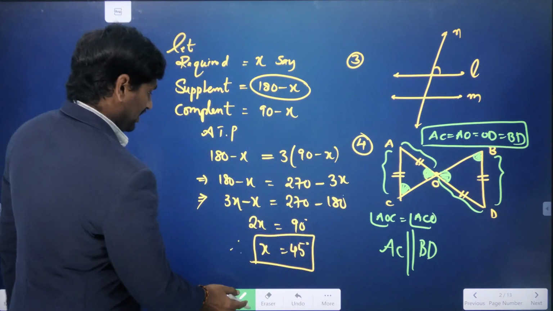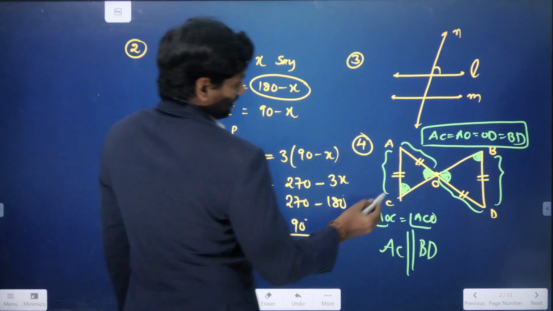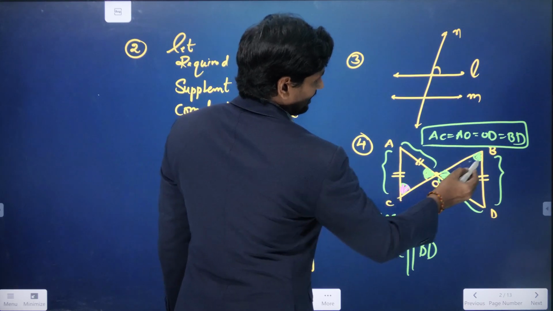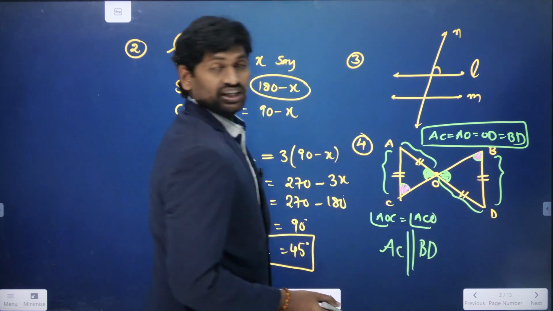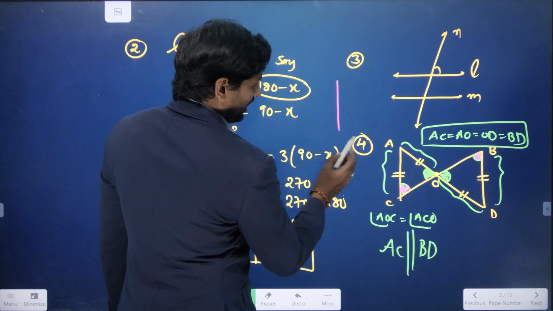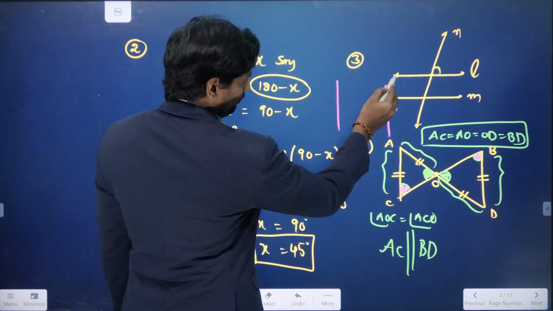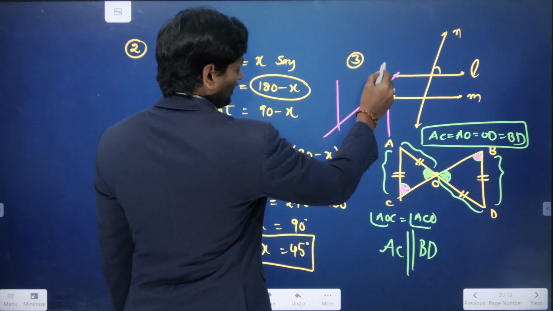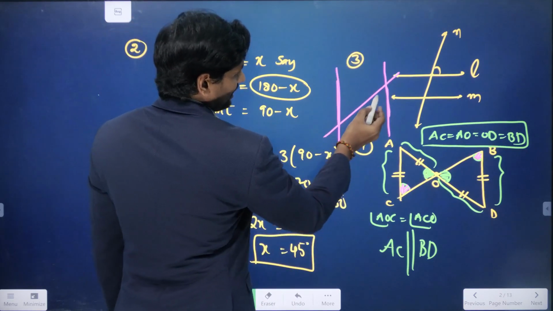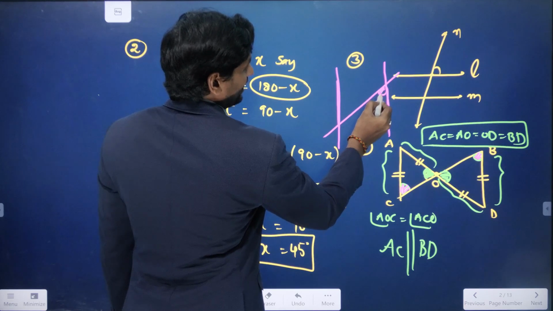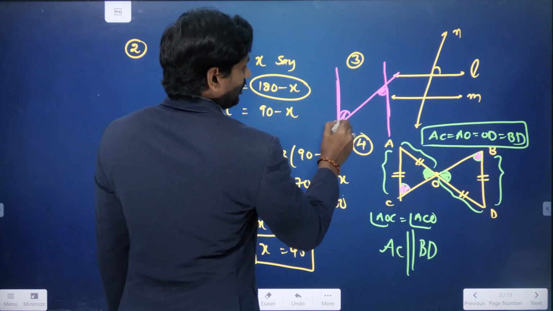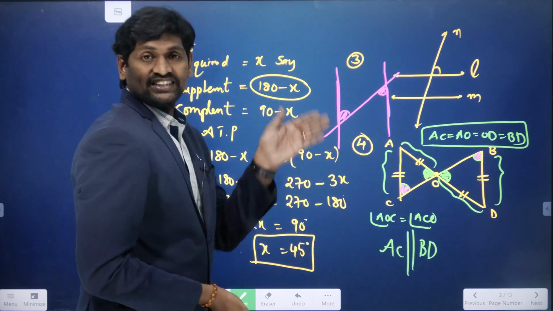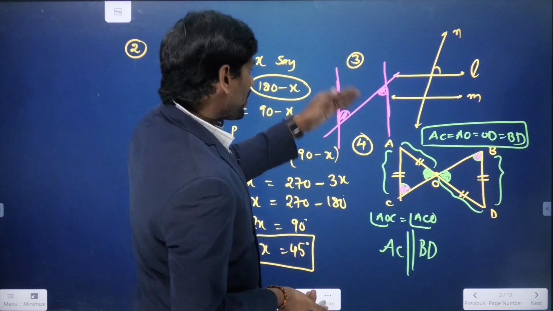But while you are observing here, angle C and angle B are both equal. That means if we consider AC and BD as lines and BC as a transversal, then the right side angle and left side angle are alternate angles. One is on the right side of the transversal line, one is on the left side.